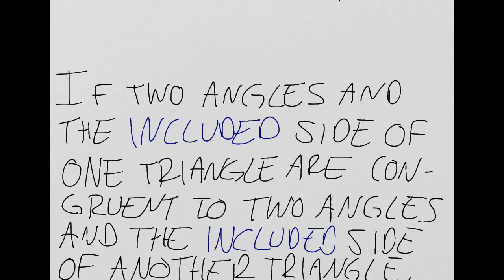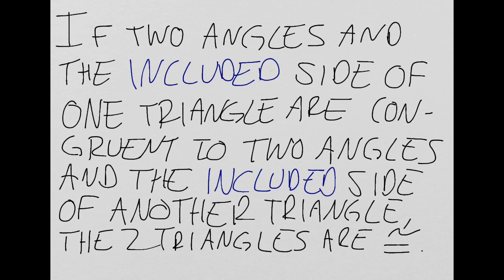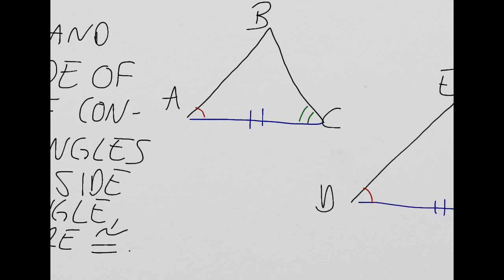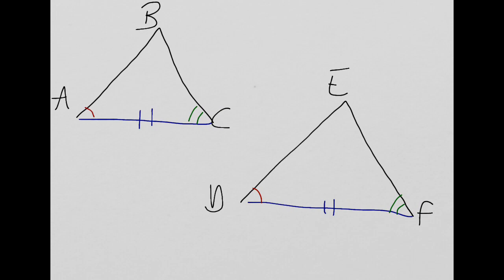What postulate 4-3 says is that if two angles and the included side of one triangle are congruent to two angles and the included side of another triangle, then the two triangles are congruent. What this looks like in a diagram is, let's say I'm given these two triangles, triangle ABC and triangle DEF.